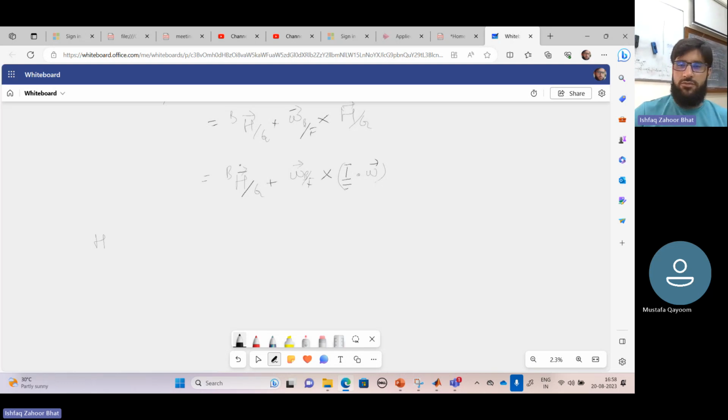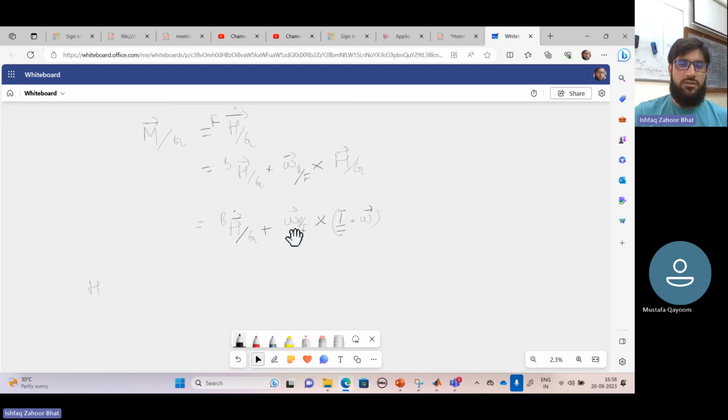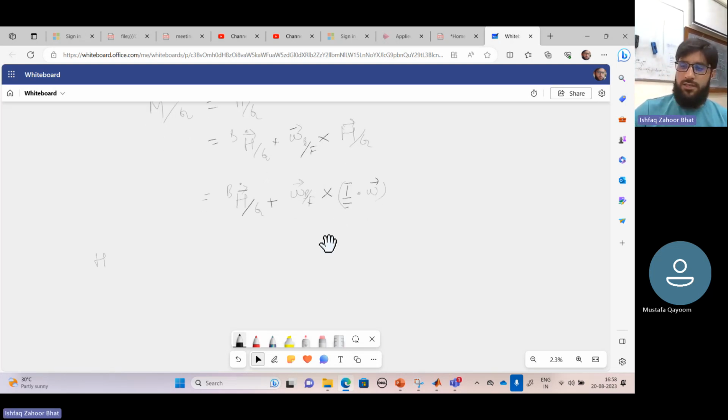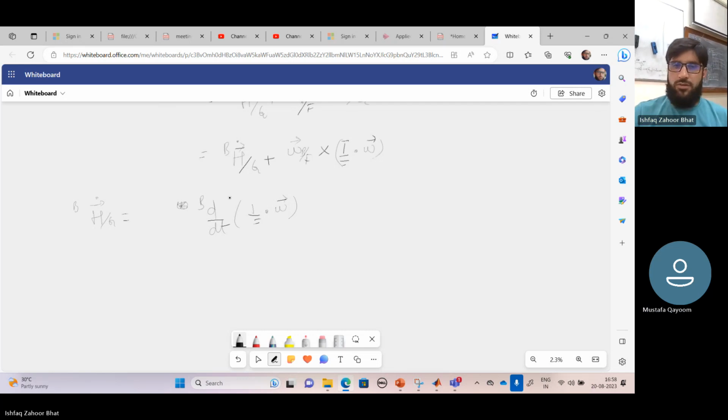We are calculating the rate, so it is H dot. So H dot with respect to G is equal to the derivative in the body frame d by dt of, what is H with respect to G? It is I dot omega. In the fixed frame, this can be written as d by dt of this thing.